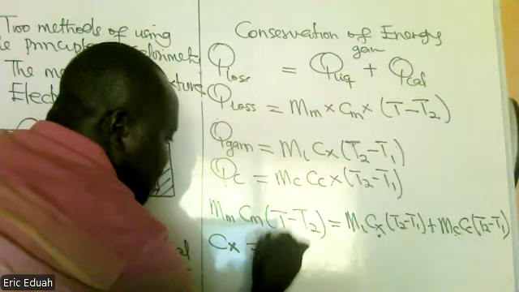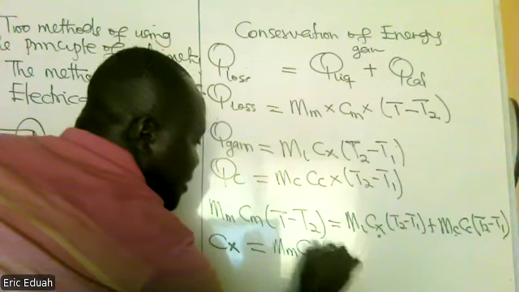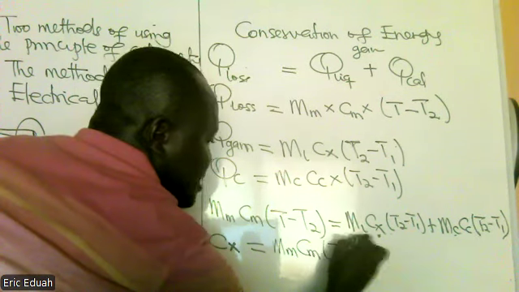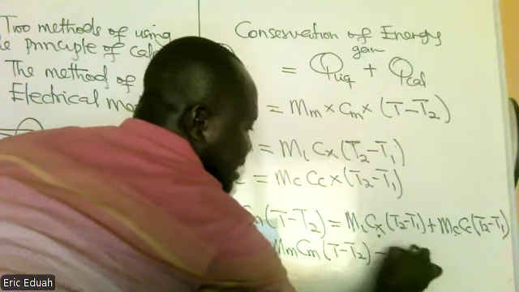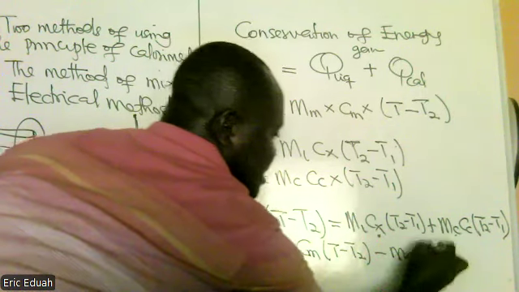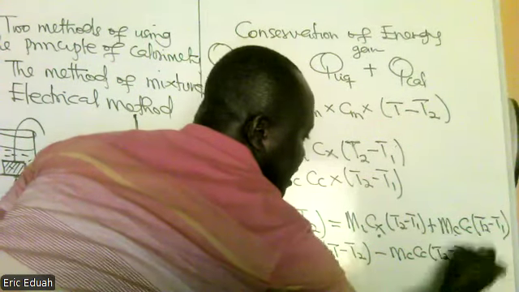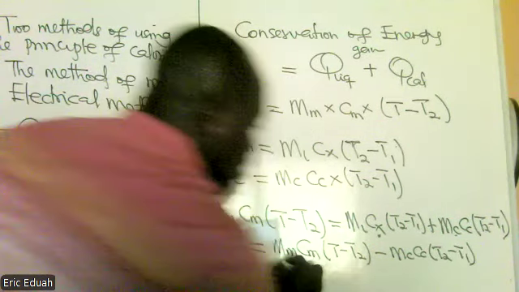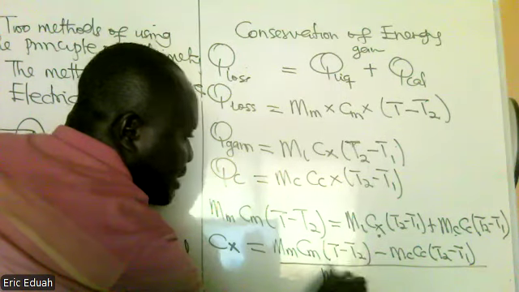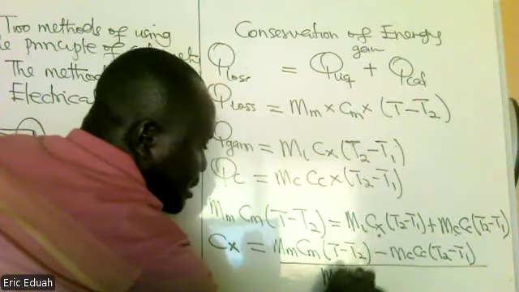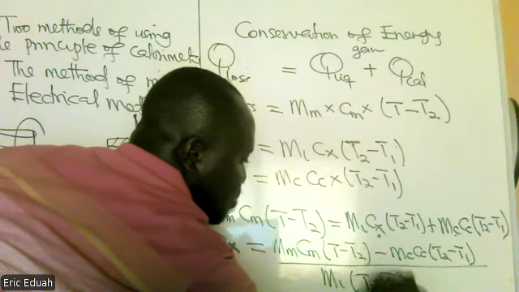So we have Mm Cm (T minus T2) minus Mc Cc (T2 minus T1), all over the mass of the liquid times (T2 minus T1).